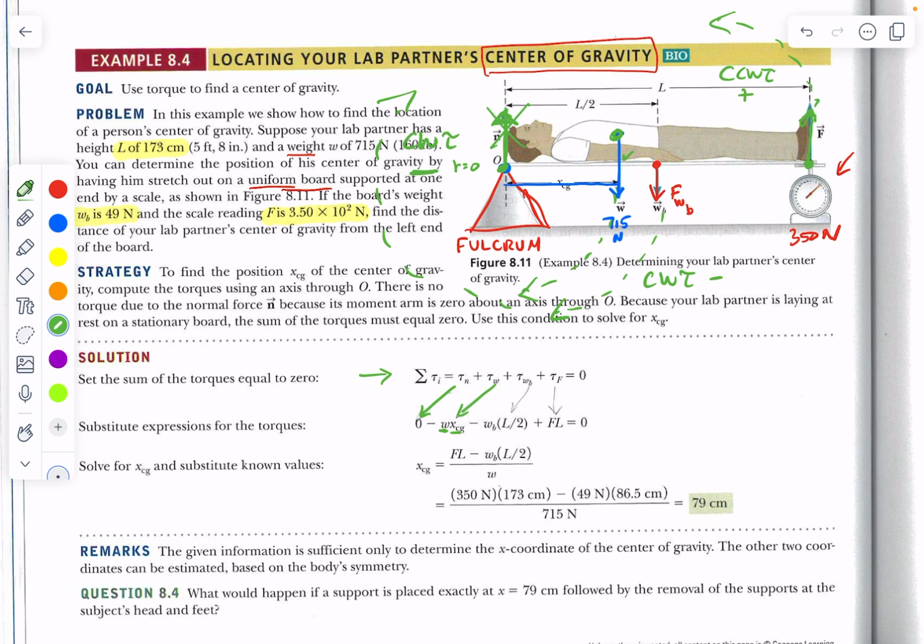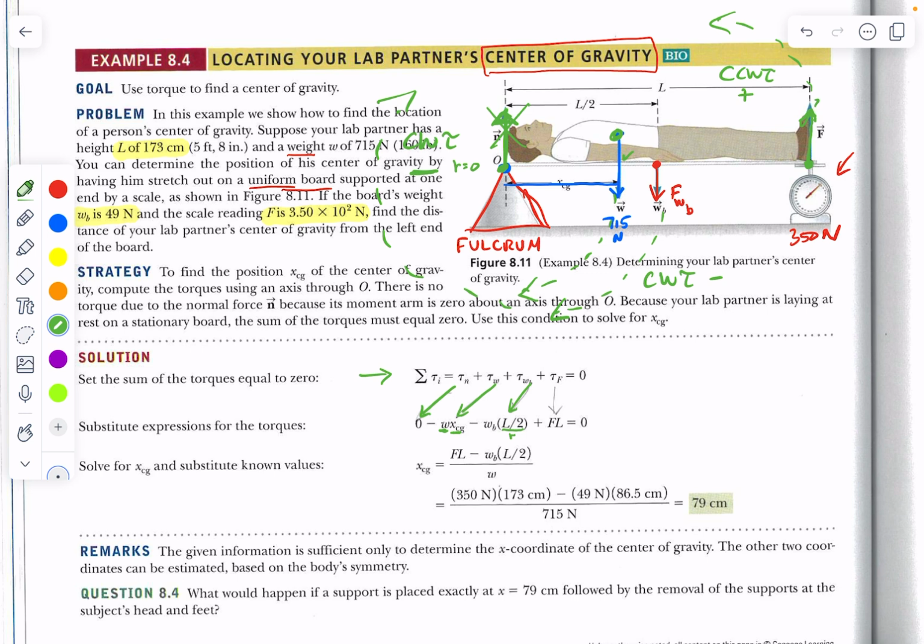And we don't know what that distance is, so we're going to call it x. Now the weight of the board is halfway down the full length of the board. So we take the length of the board divided by 2. That's the r distance, or we could call it the x distance to the fulcrum for the board.